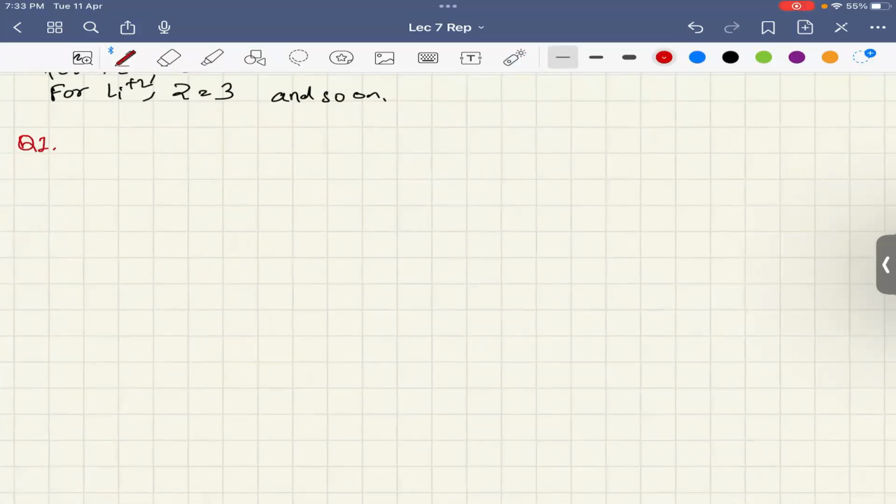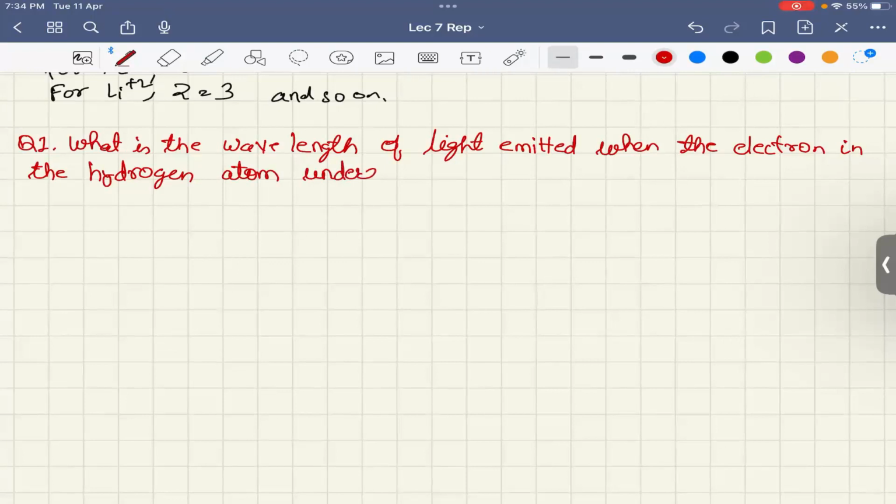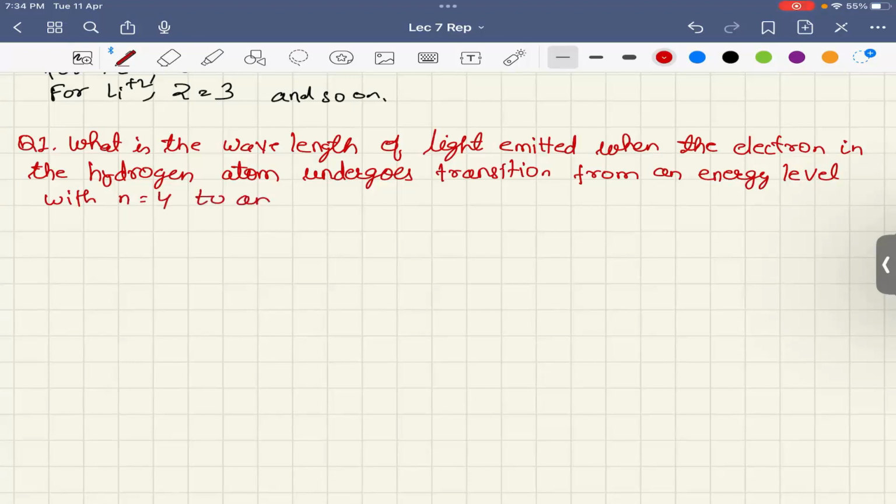So the first question which we are going to solve is, what is the wavelength of light emitted when the electron in the hydrogen atom undergoes transition from an energy level with n is equal to 4 to an energy level with n is equal to 2, right?